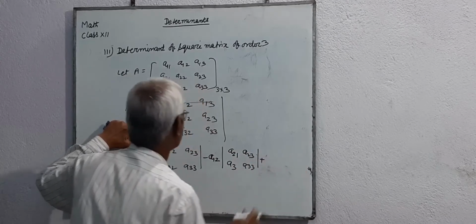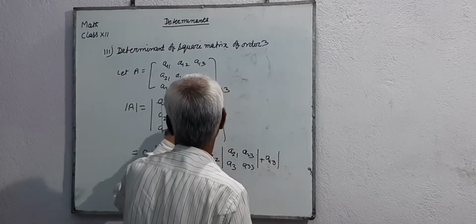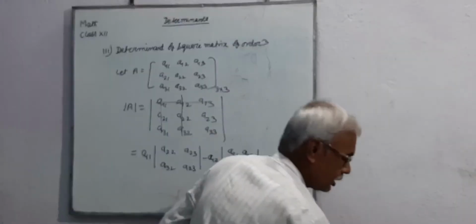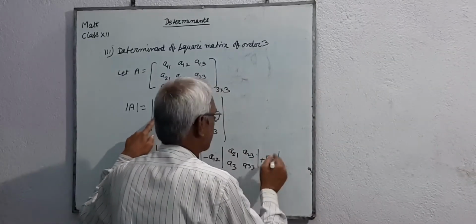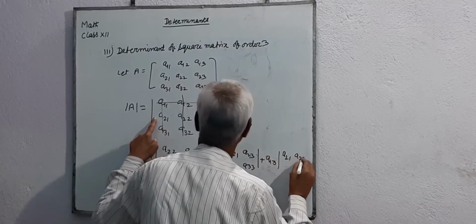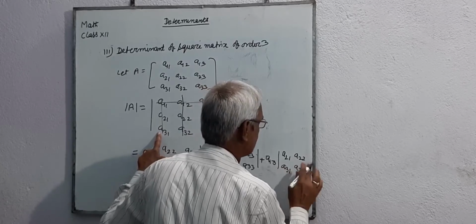Plus A13: the element lies in the first row and third column; eliminating these, we get the second order determinant A21, A22, A31, A32.